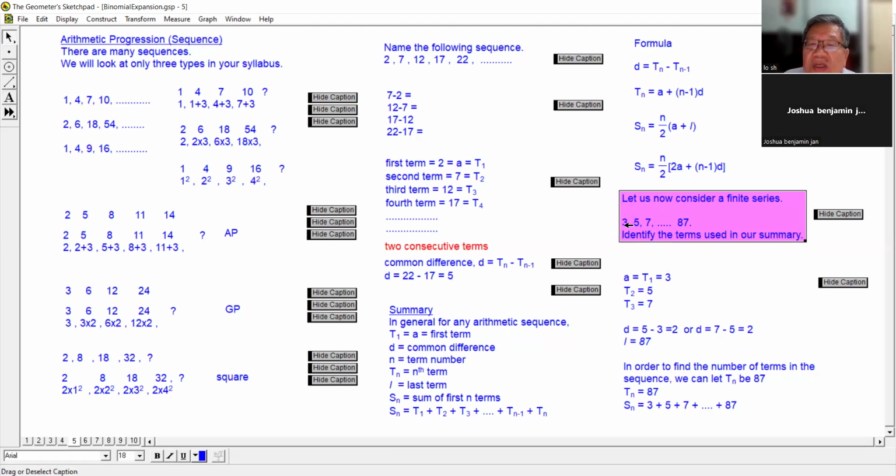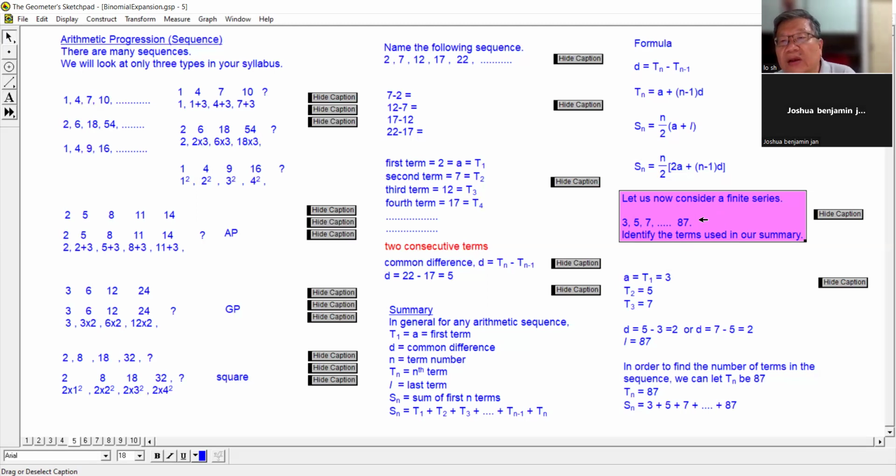So let's say 3, 5, 7. They give you the last number. Now, if they give you the last number, that's it. These are the terms. You cannot extend beyond 87. So 87 is the last term. If you see dot, dot, dot like that, it means many terms follow. But if it stops there at 87, it means it's finite.